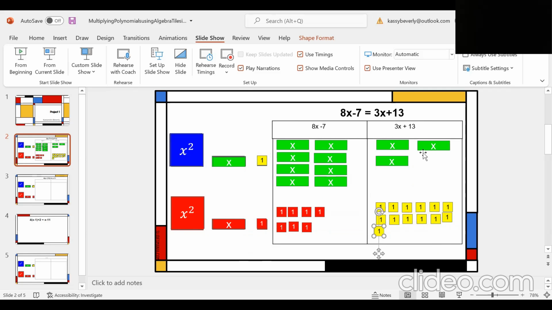All right, so on this side, you have 3x plus 13 units.